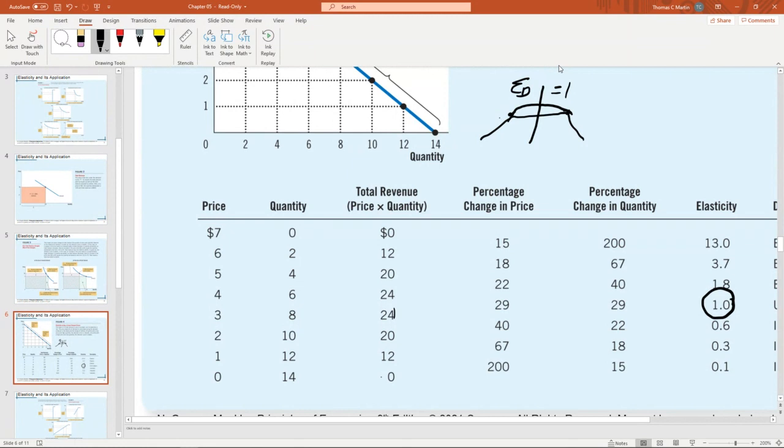So it would be between a quantity of 6 and 8. That's where we're going to be. Now, if you don't have the duplicated number, it just goes up, say 12, 20, 24, 20, 12. It's going to be at the point where you have your highest number.